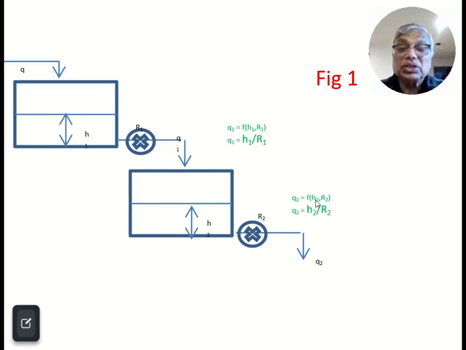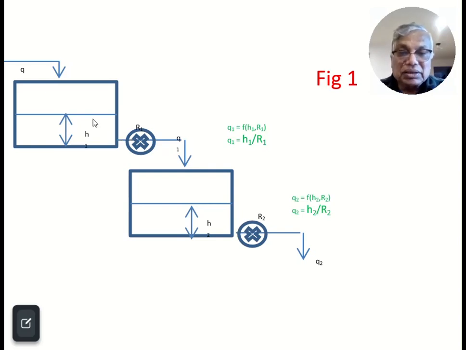If you consider a linear relationship, Q2 will be equal to H2 by R2. For the first tank, the outflow depends on the resistance R1 and the level H1 of the first tank only. For a linear relation, Q1 will be H1 by R1.